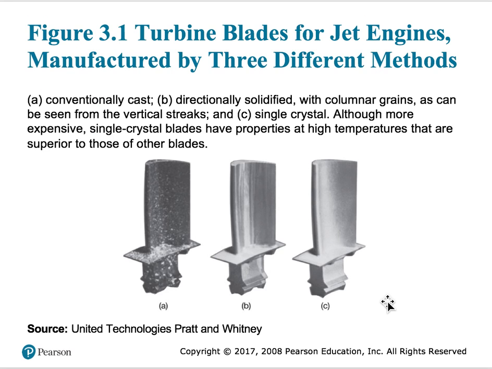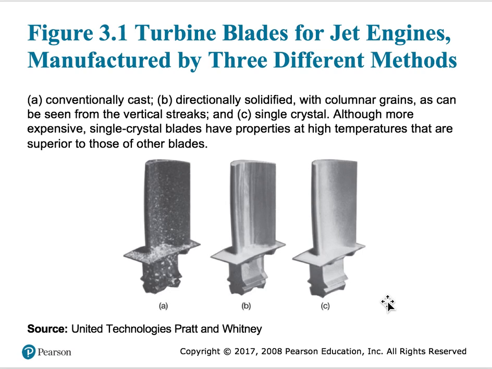So here is an example of a turbine blade for jet engines. As I mentioned to you, one of the reasons why I want you all to look up the new additive manufacturing processes that are being evaluated for a component such as the turbine blade is because the way these blades are made right now, it can take a long time.